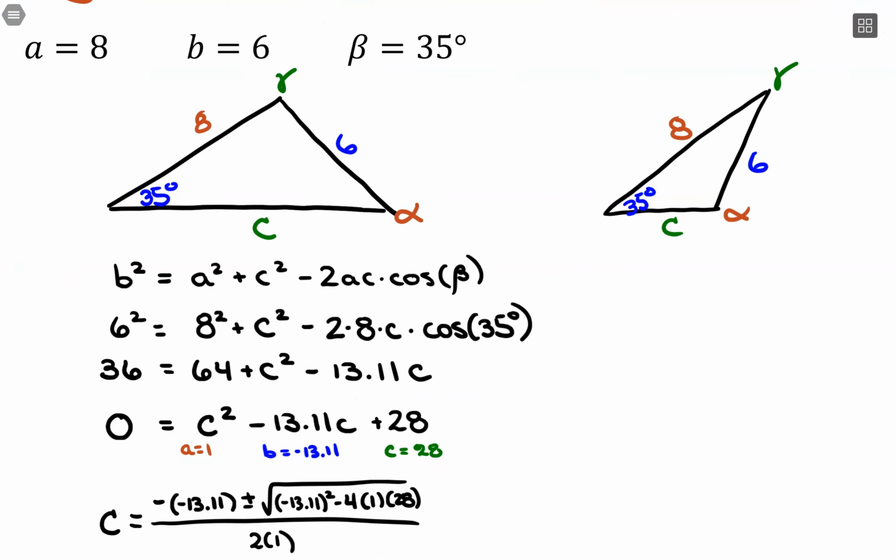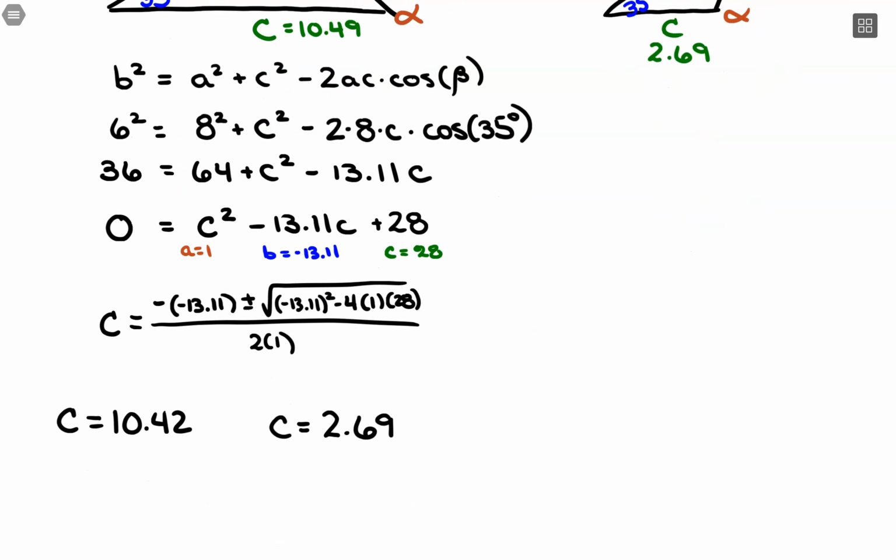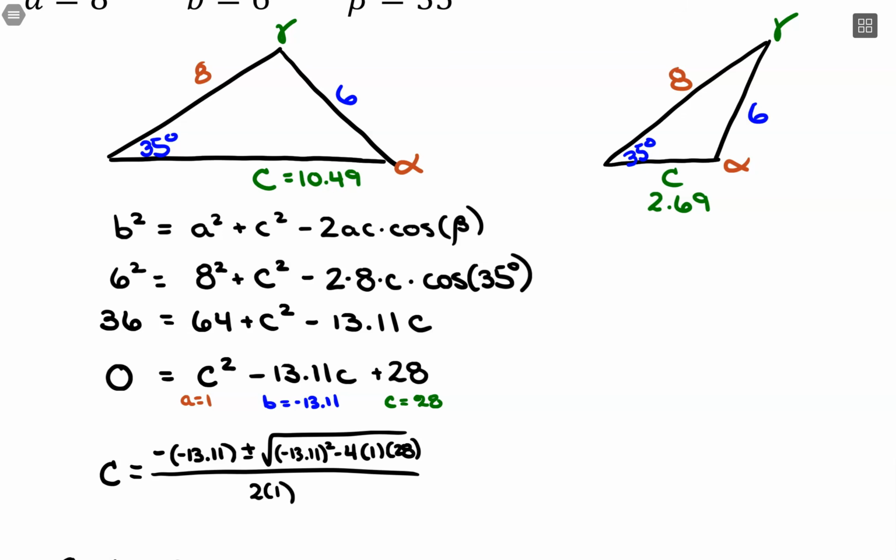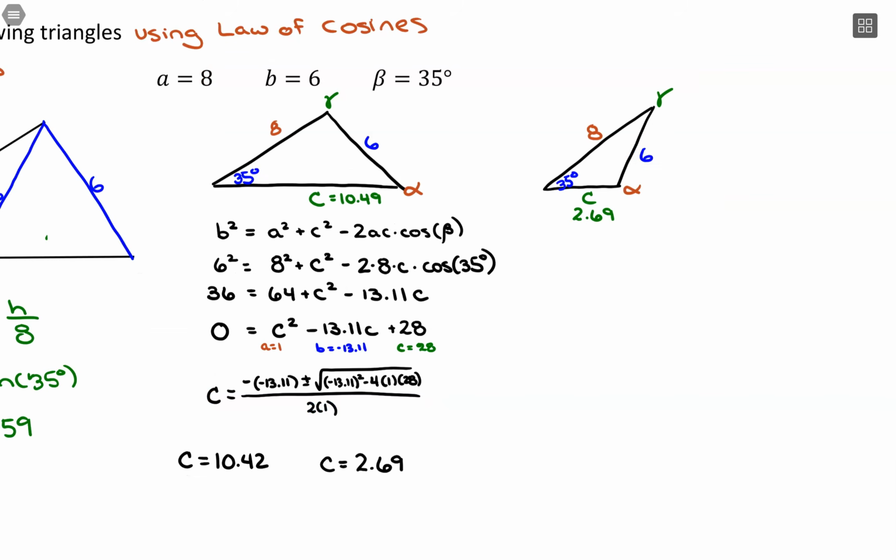So that 10.49 is this case where we would have a longer value of c, and the 2.69 is coming through over here with that shorter side length. So with that, we end up with 2 solutions, basically 2 side lengths to our triangles in kind of one round of work there. So now we need to find our angle measurements.